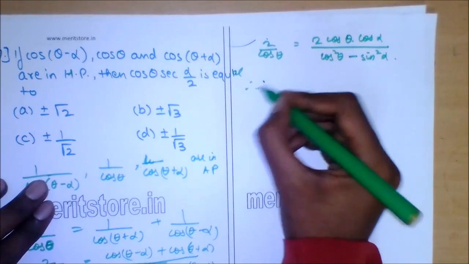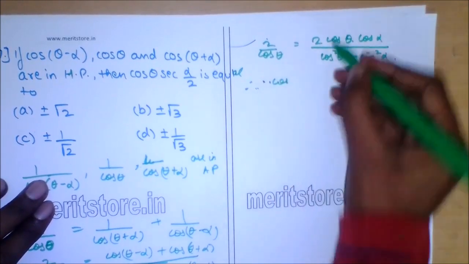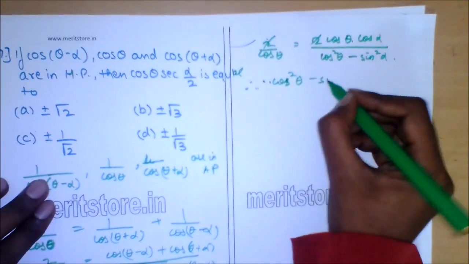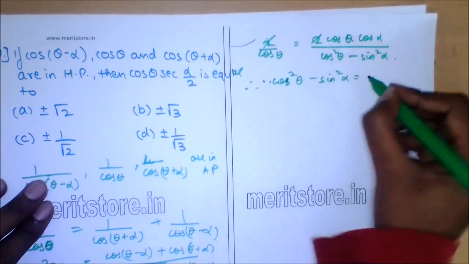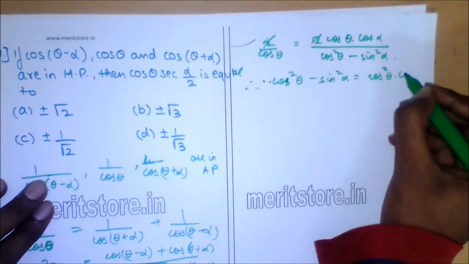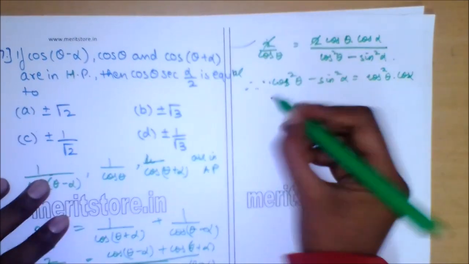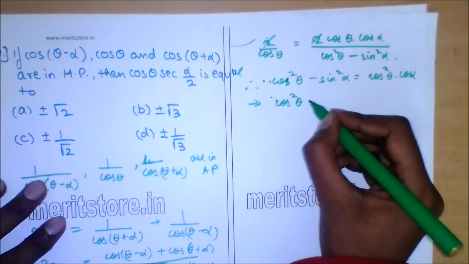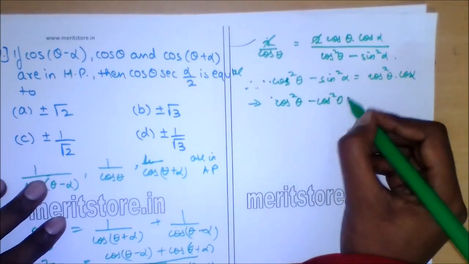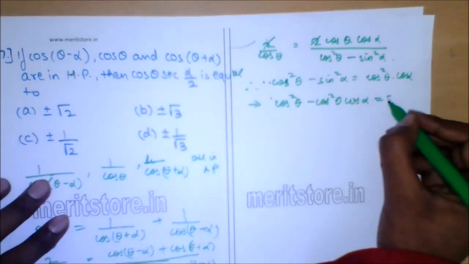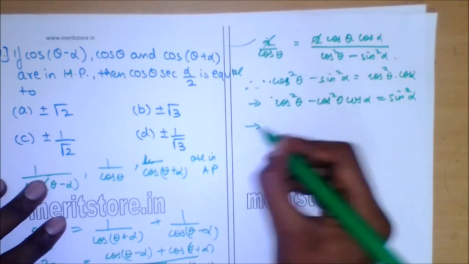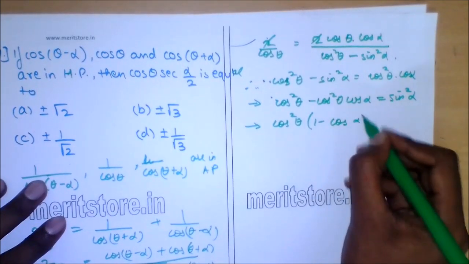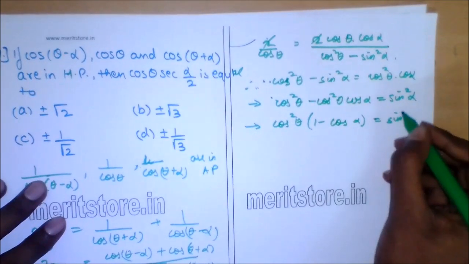Therefore, 2 gets cancelled here, so we are left with 2 times (cos square theta minus sin square alpha) equals 2 cos square theta cos alpha. So that is cos square theta minus cos square theta cos alpha equals sin square alpha. We take cos square theta common, so we get cos square theta times (1 minus cos alpha) is equal to sin square alpha.